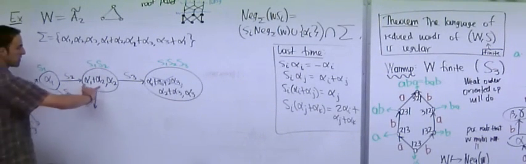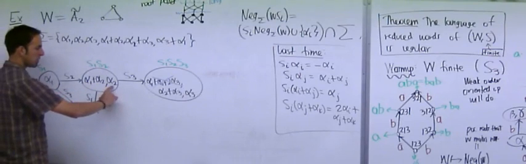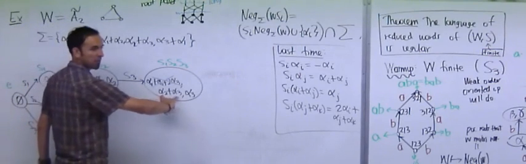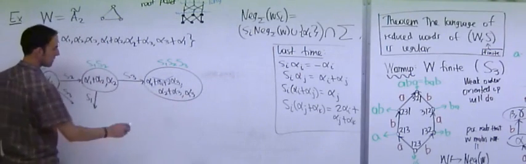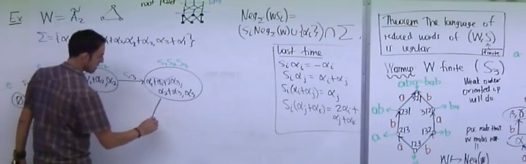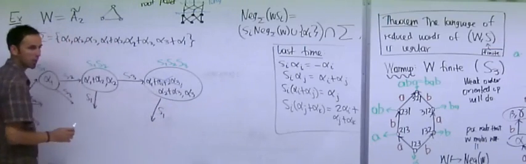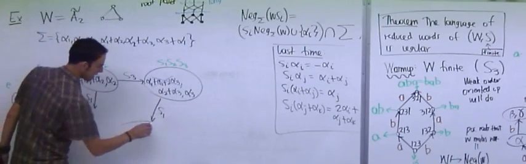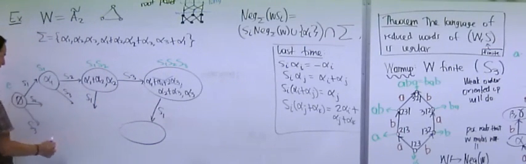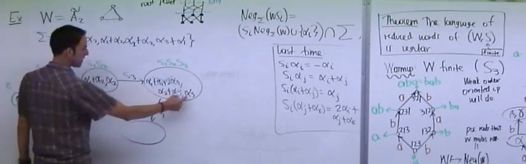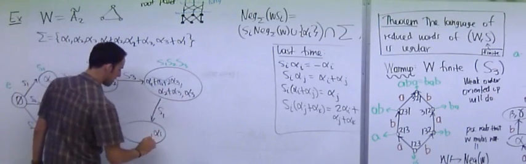There's some symmetry here. Alpha 1 plus alpha 2 goes to alpha 2 plus alpha 3, alpha 3. So by symmetry, if I now take S1 and I make it act, what am I going to get? The alpha 2 became an alpha 3. The alpha 3 is going to become an alpha 1.